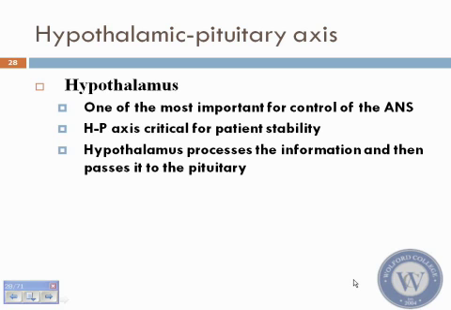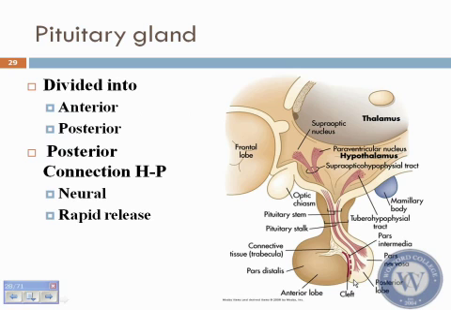So different genetics make a huge difference in this mechanism, which is the hypothalamic pituitary axis, which is really responsible for maintaining your overall stability against the environment externally. Okay. Now, the pituitary gland is the secondary processor. The primary processor is the hypothalamus.